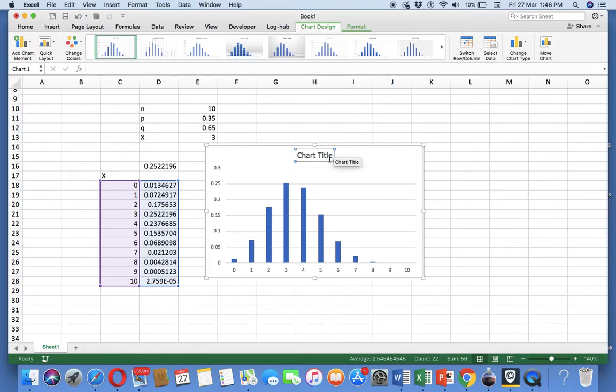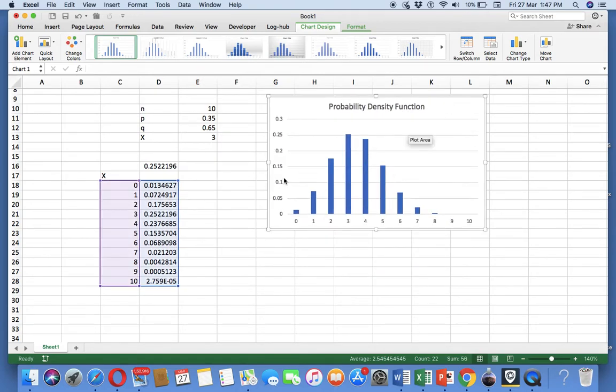So it gives you the probabilities at each level.